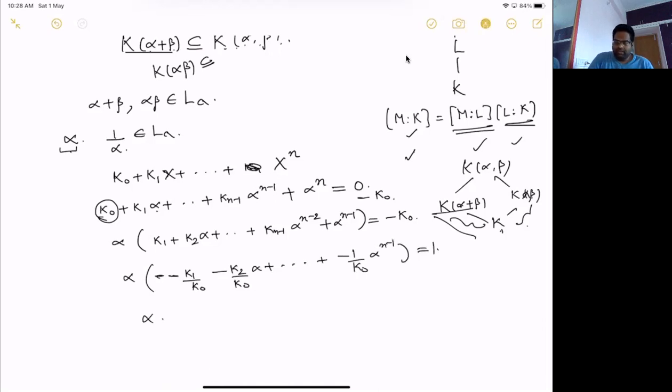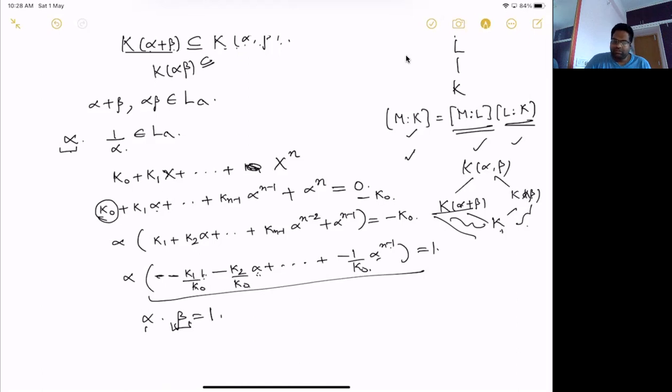So you have alpha times beta is equal to 1 for some beta. That means beta is the multiplicative inverse of alpha. Now you see all this is a linear combination of elements 1, alpha, up to alpha to the power of n minus 1 with coefficients in k.